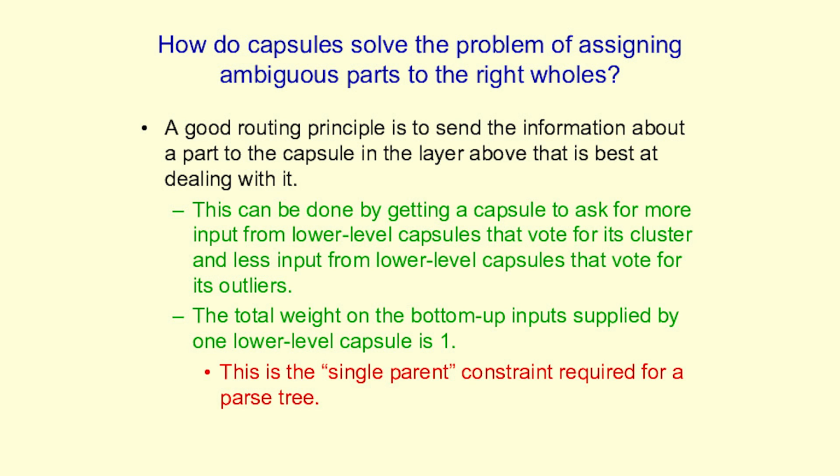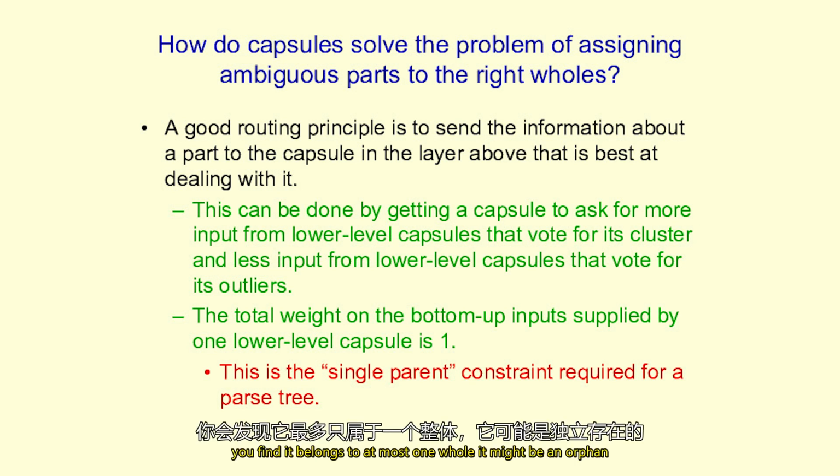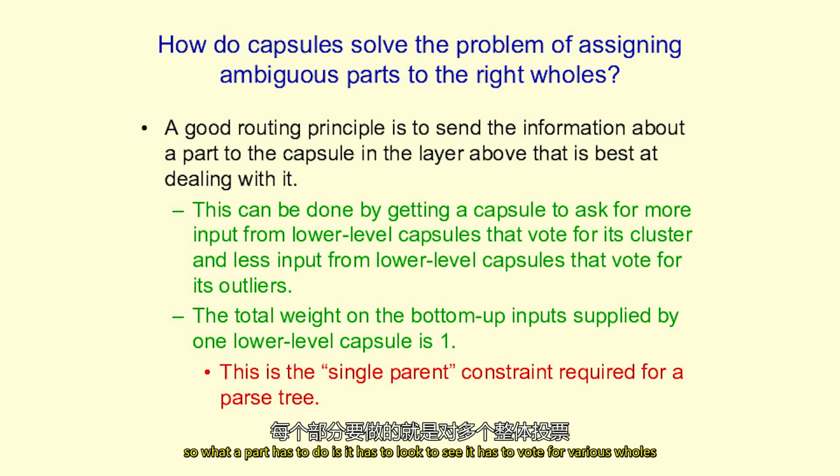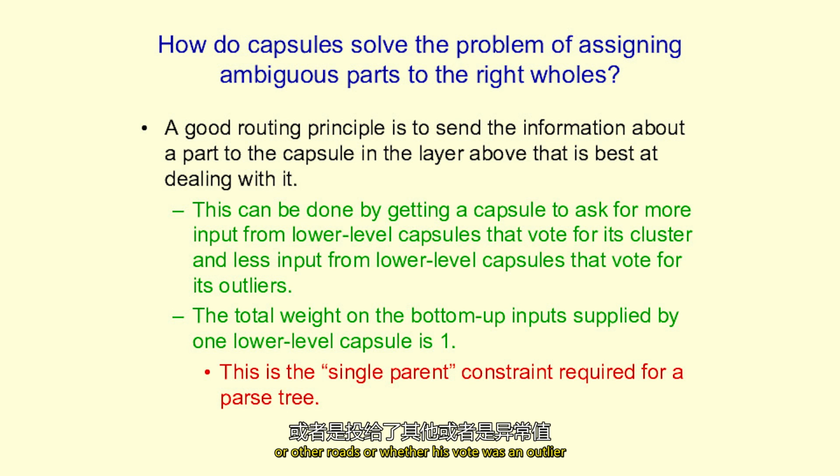And we're going to assume that every part you find belongs to at most one whole. It might be an orphan, but if it belongs to a whole, it's at most one of those. So a part has to vote for various wholes, and then it has to look to see whether its vote appeared inside a cluster of other votes, or whether its vote was an outlier.